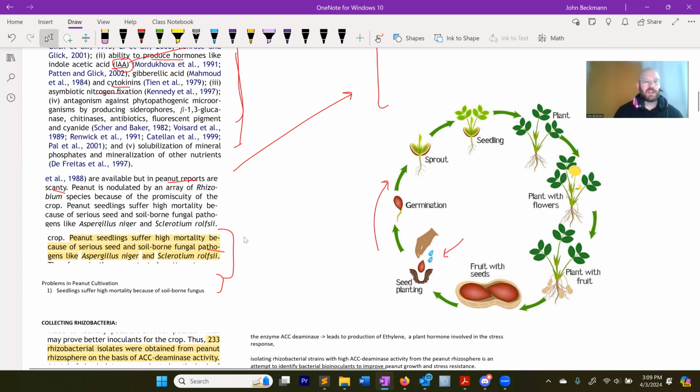For example, if the mortality is caused by plant pathogens like Aspergillus niger and Sclerotium rolfsii, which are fungi, you might be able to develop a PGPR that could protect against those soil-borne plant pathogens, okay? And if you could do that, you might get a higher germination rate, which in turn is going to lead to a higher yield.